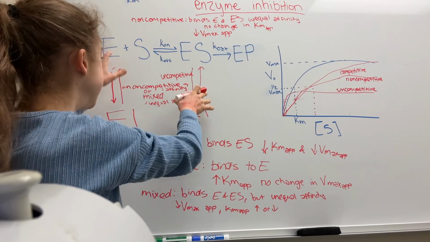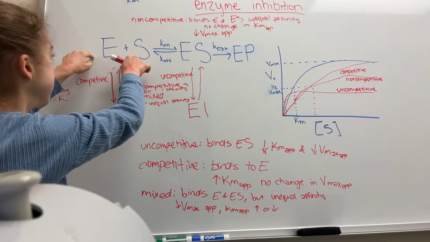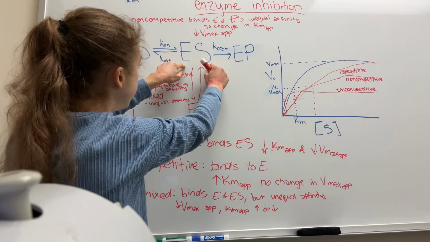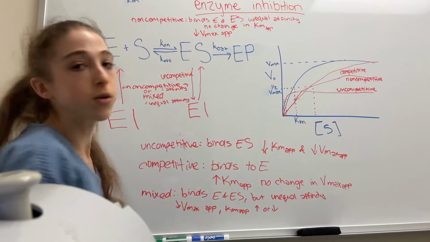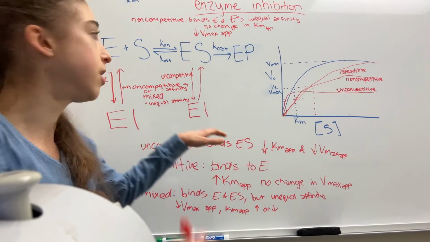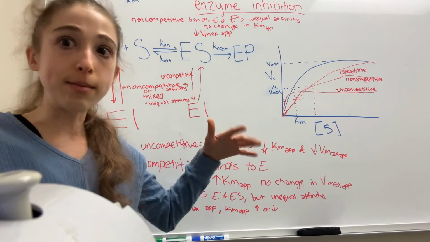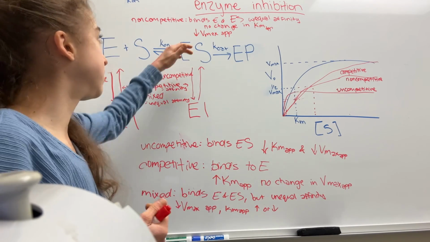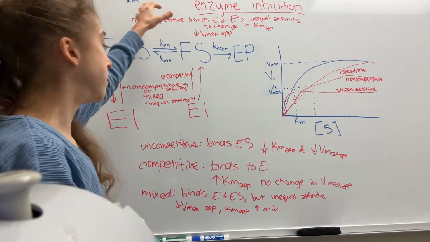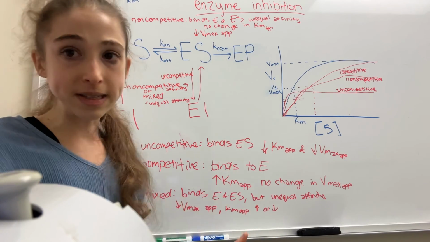So with mixed inhibition, if it binds more strongly to the free enzyme, you're going to raise the apparent Km, but if it binds more strongly to the enzyme substrate complex, you're going to decrease the apparent Km. And so you'd have to know which of those it bound the best to know if Km was going up or down. It's really unlikely that you'll have pure non-competitive, but you typically would have more of a mixed situation. Those are your basic types of inhibitors.